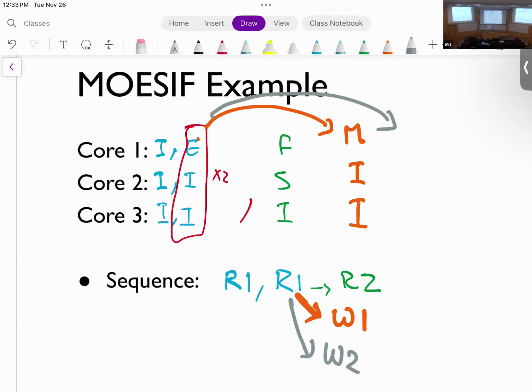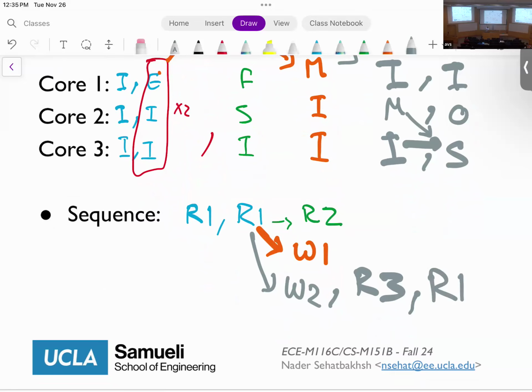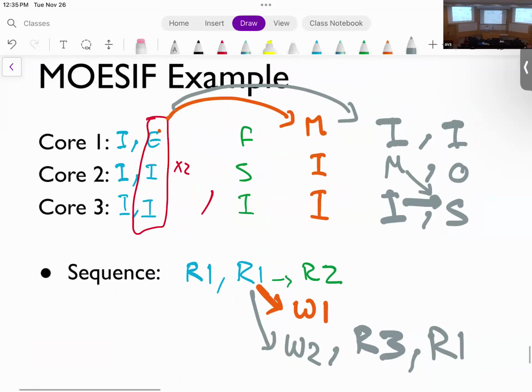Let's say, for example, R1 wants to read. What should we do? So we are in IOS, and R1 wants to read.